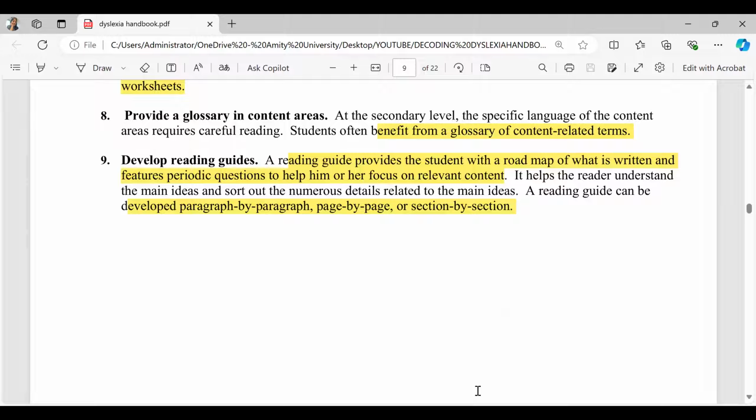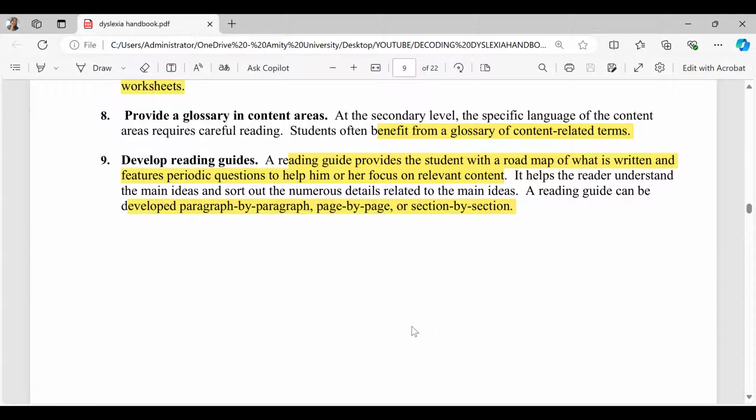Developing reading guides: provide students with a roadmap of what is being written, featuring periodic questions to help him or her focus on the relevant content. A reading guide can be developed paragraph by paragraph, page by page, section by section. Like if we are talking about one chapter in the EVS book, that one chapter can be divided into reading guides.